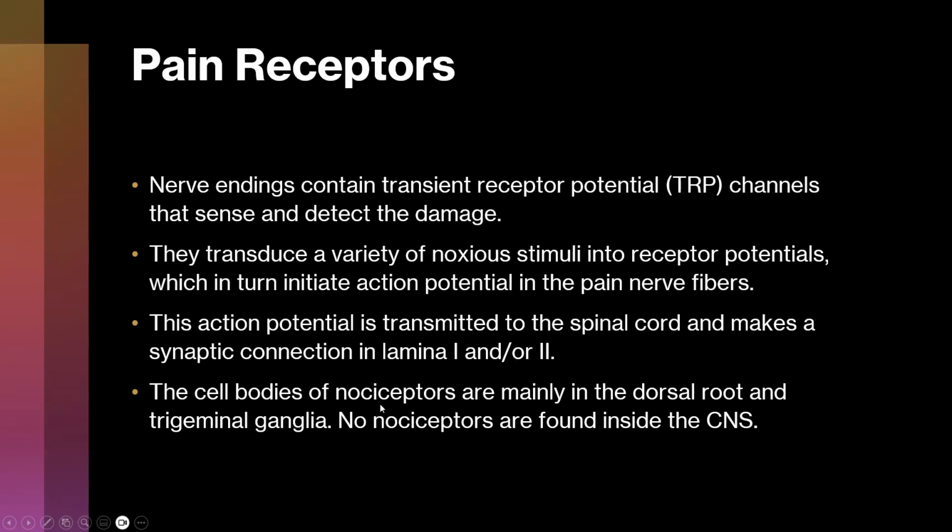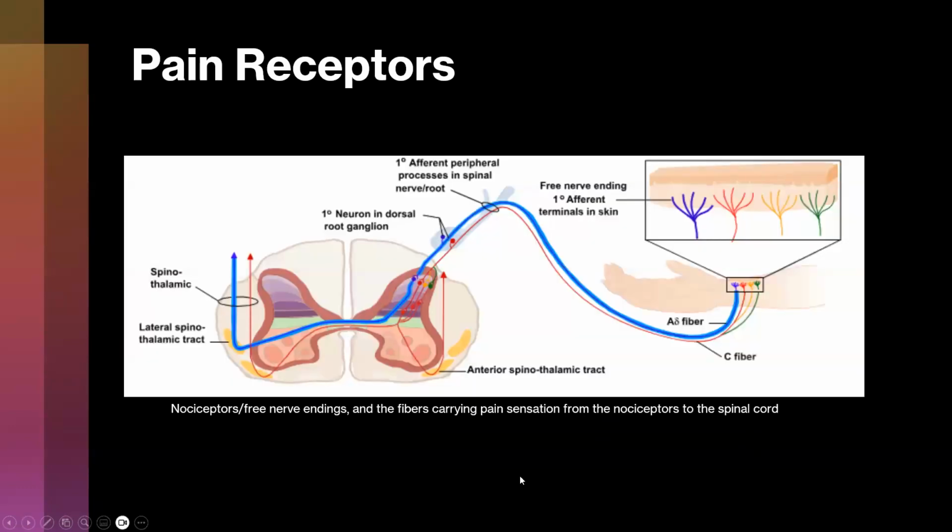The cell bodies of nociceptors are mainly in the dorsal root and trigeminal ganglia. No nociceptors are found inside the central nervous system. Here we can see just an example.